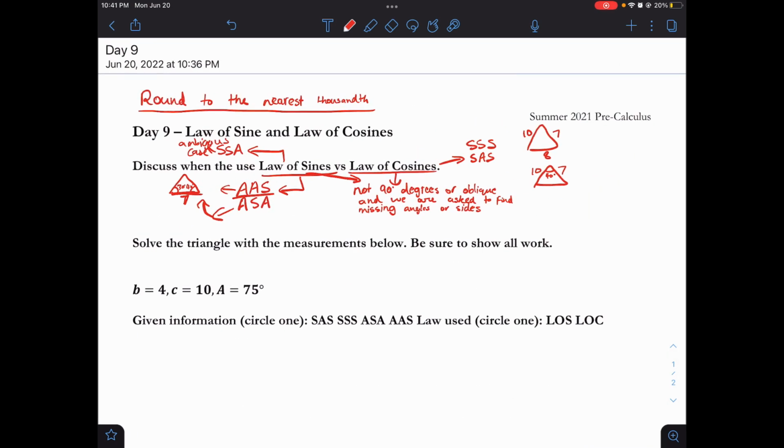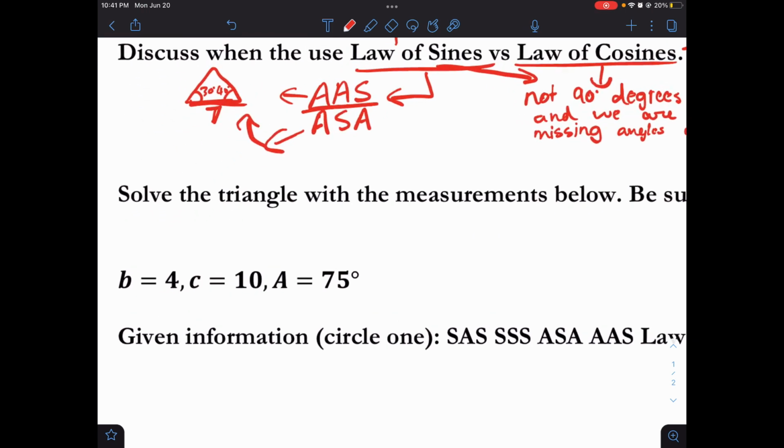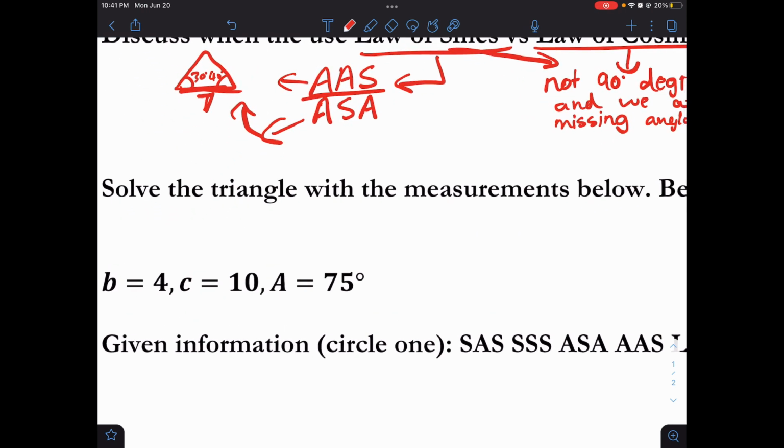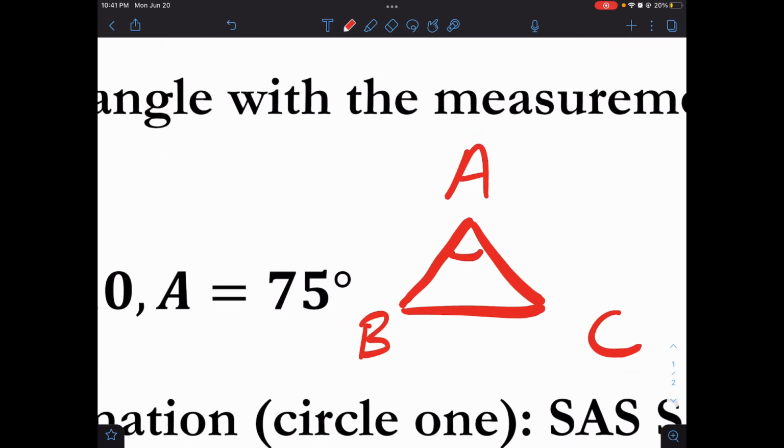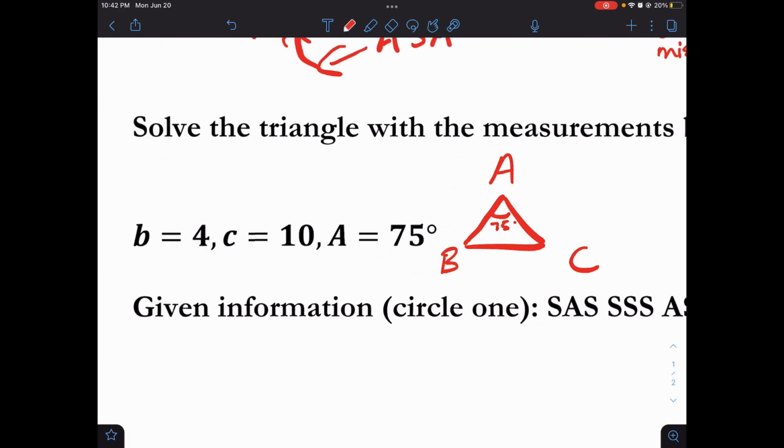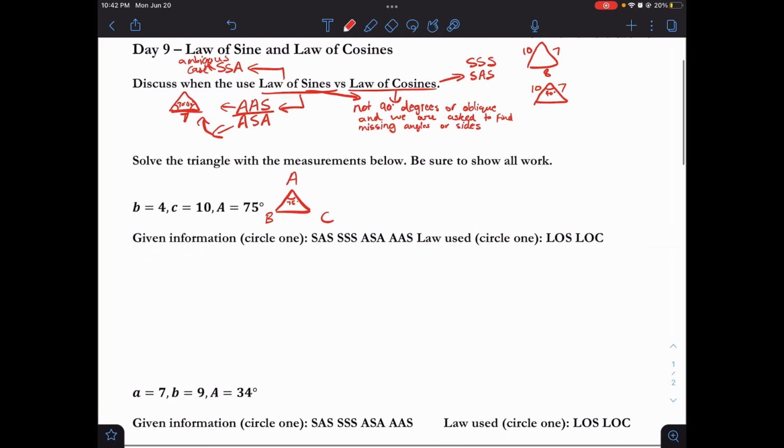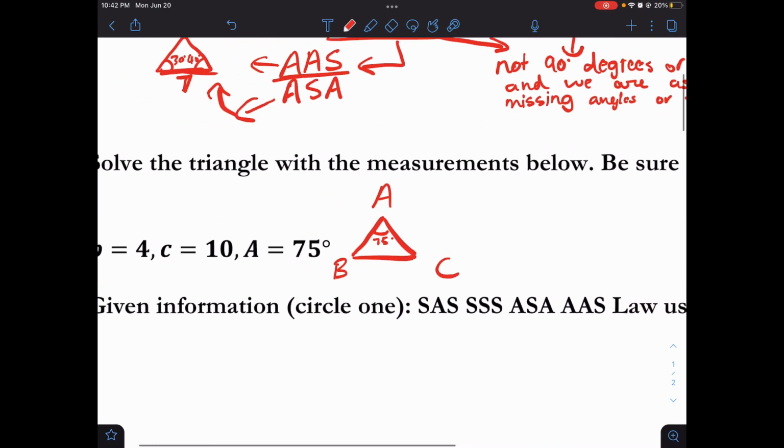Okay, now solve the triangles with the measurements below. So let's draw our triangle, which is A, B, and C. We have an angle of 75 degrees at A, and we're given 2 sides.